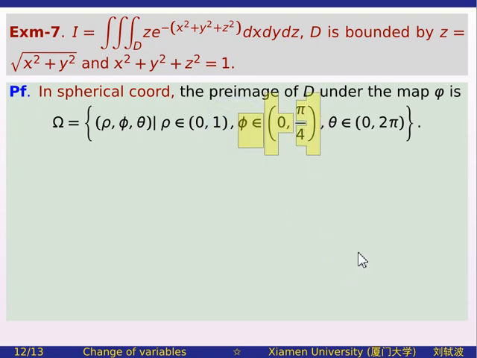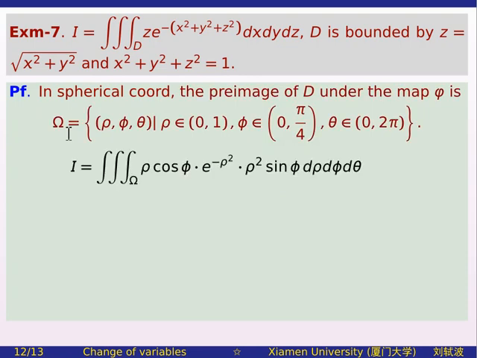Now, having obtained the expression of the domain in spherical coordinates, we can apply the change of variable formula to compute our triple integral over D. The integral is transformed into a new integral over the new domain, the corresponding omega.